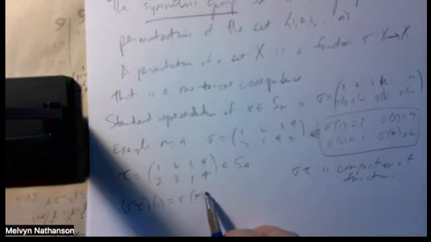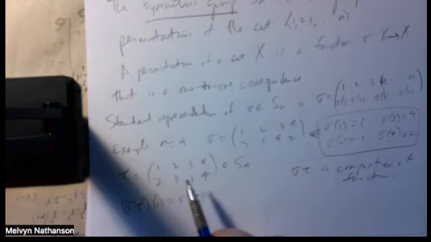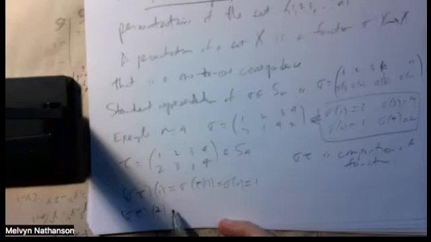You want to know what is sigma tau of 1. That means sigma of tau of 1. Tau of 1 is equal to 2. So this is sigma of 2. Sigma of 2 is 1. So sigma tau of 1 is 1. What is sigma tau of 2? It's sigma of tau of 2. Tau of 2 is 3. So this is sigma of 3.